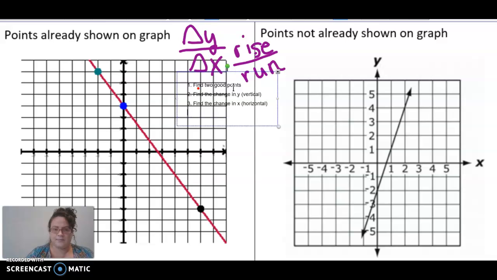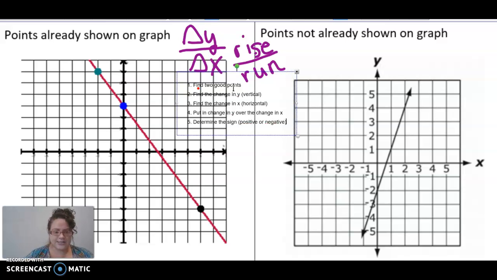Once you have that, we're going to put the change in y over the change in x, so we'll put rise over run. And then lastly, we want to determine the sign, so we want to know if it's positive or negative.